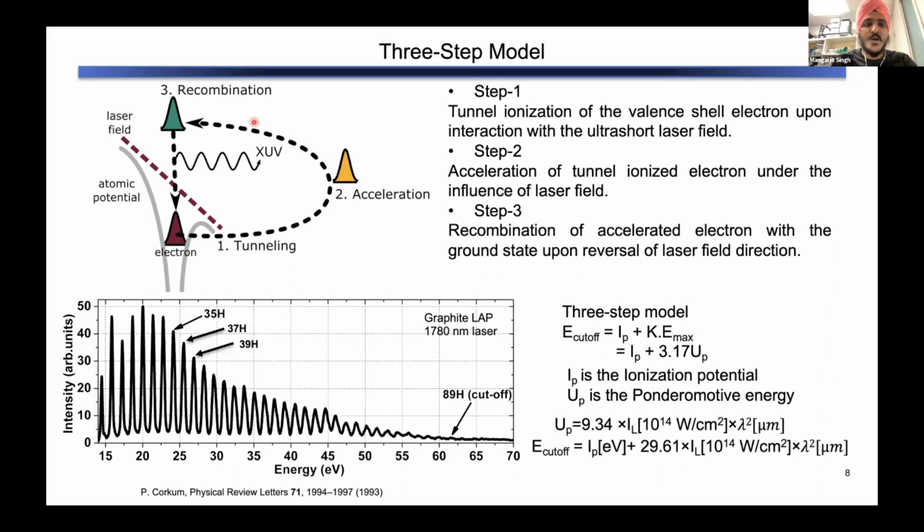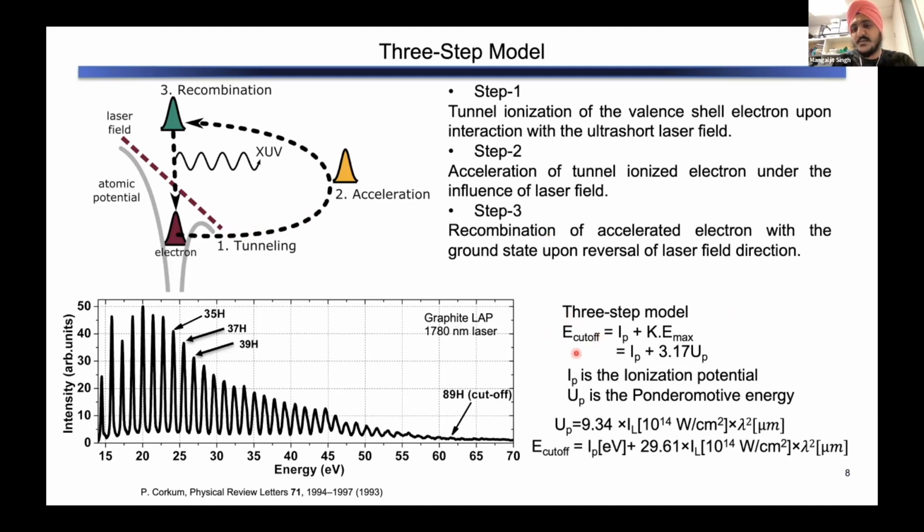And finally, in the third step, when the laser pulse electric field reverses direction, the tunnel ionized electron comes back to the initial ground state and gets recombined, and this recombination results in the generation of higher order harmonics.